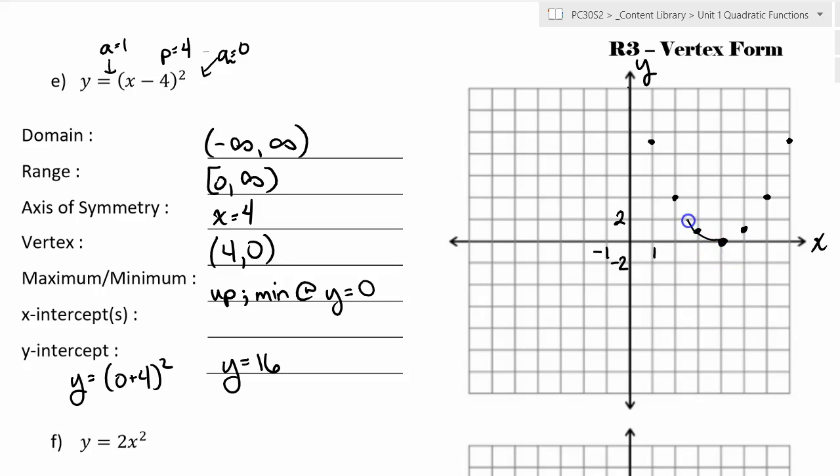But again, we're seeing that same idea. It hasn't changed shape. It's just changed position. We could say it's in what we call quadrant 1. So my x-intercept in this case is going to be x equals 4. I can see that here on my graph. And I'm done. So again, vertex form is super helpful because so much of the information we need in order to put it on a graph is given to us right there, already broken down.